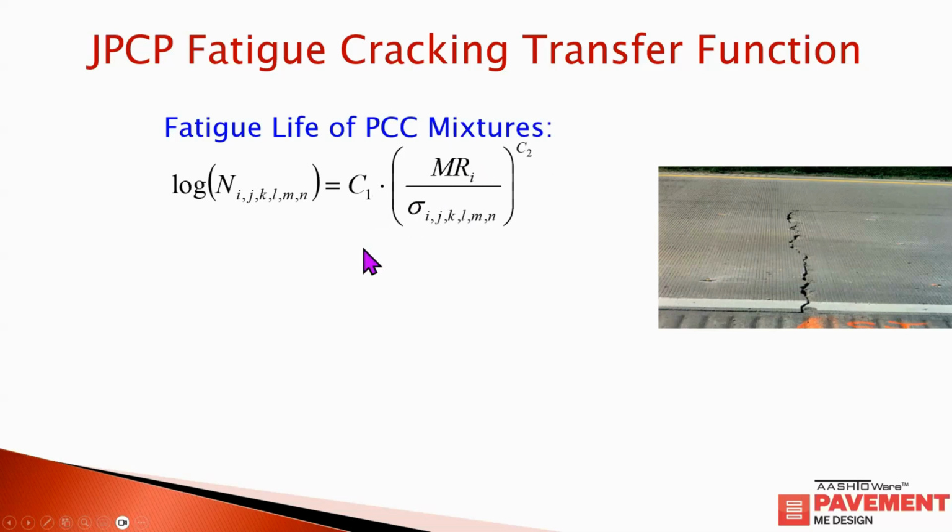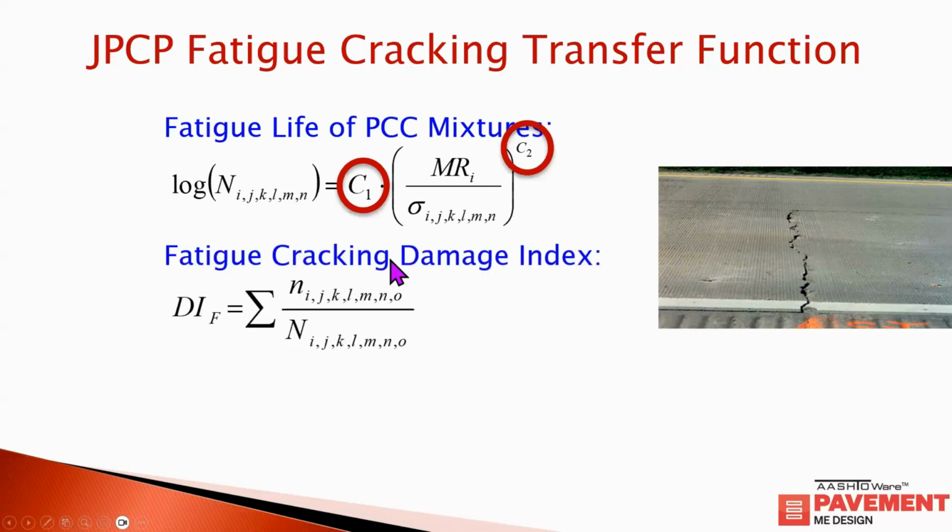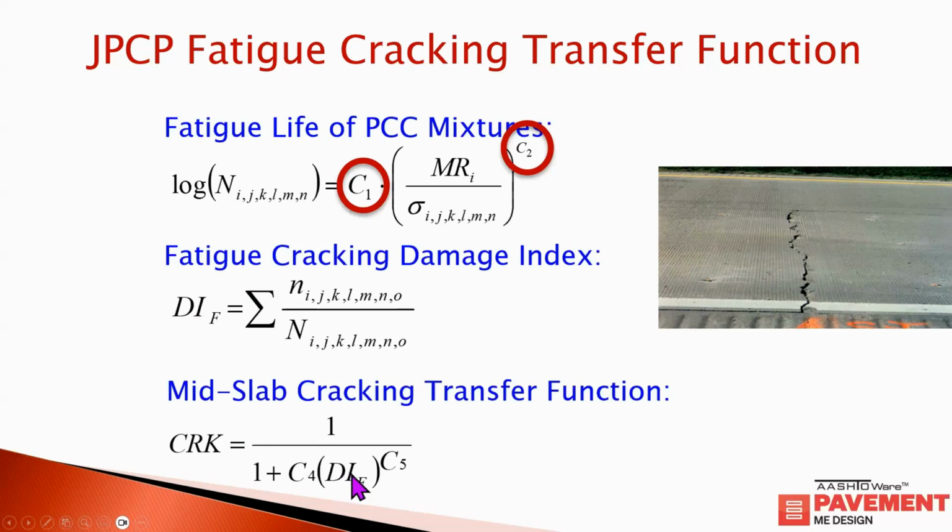You have the C1 and C2 coefficients for the damage accumulation. And then the accumulated damage goes into the actual transfer function as it relates to the measured cracking distress that's seen. And for that, you have a C4 and C5 coefficient.